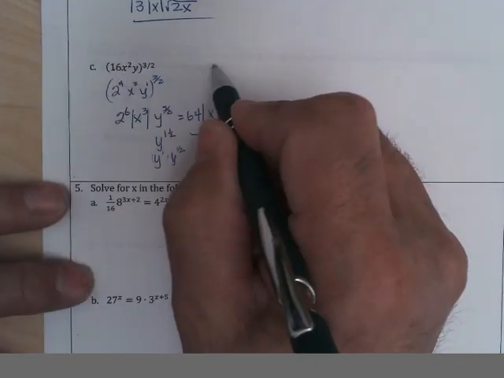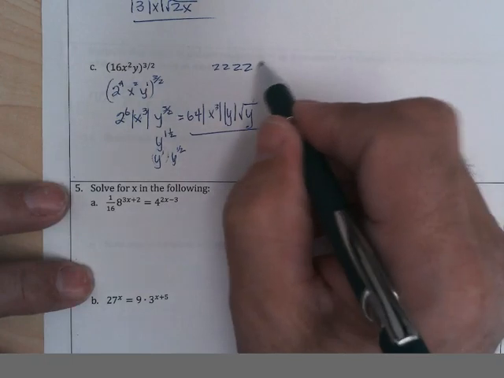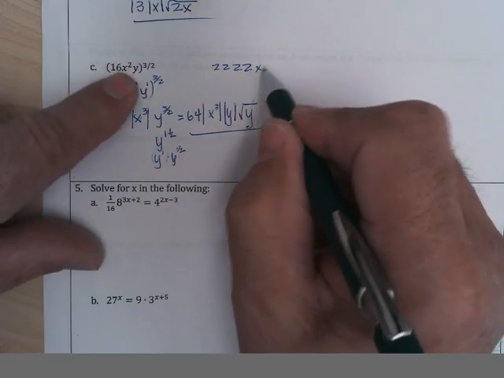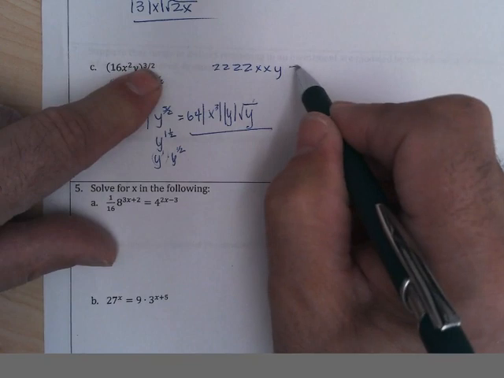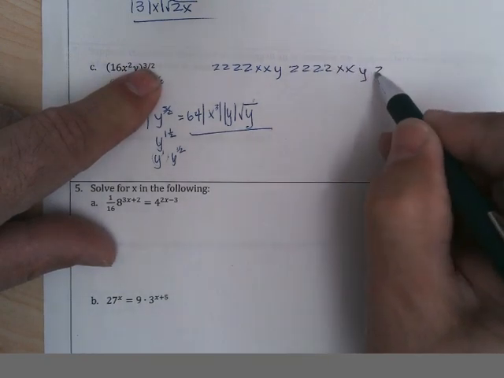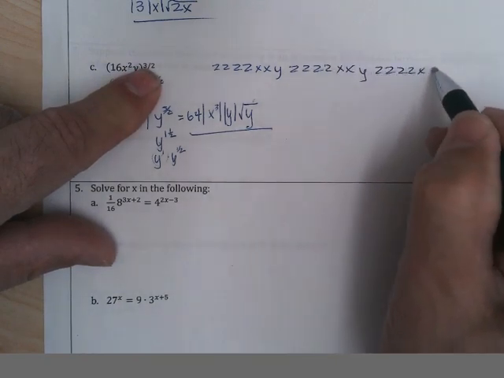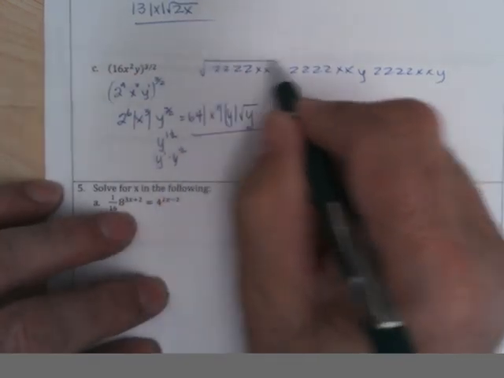So this is 2, 2, 2, 2, 16. x, x, y 3 times. And we're taking the square root of that.